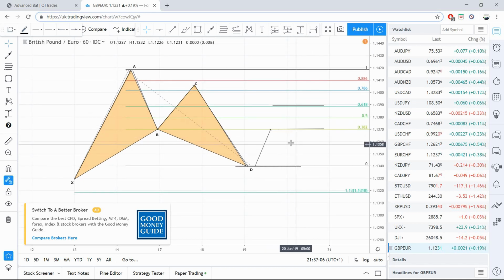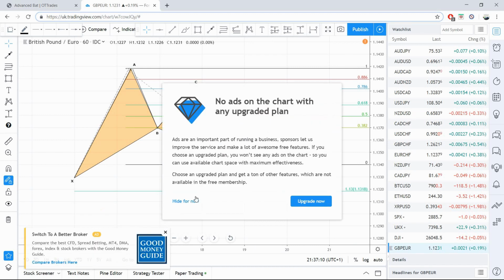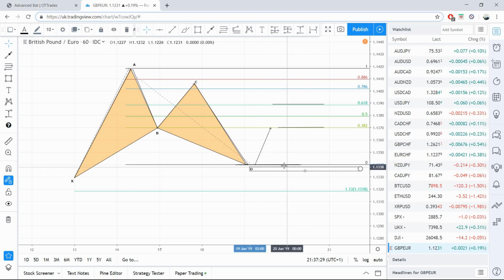Now, it's worth mentioning you should backtest this yourself. The stop loss levels might need altering depending on whether you prefer higher win rates or lower win rates but better risk to reward ratios. Whatever you prefer, or whatever's more profitable. And obviously, moving this stop loss might not be beneficial to you.